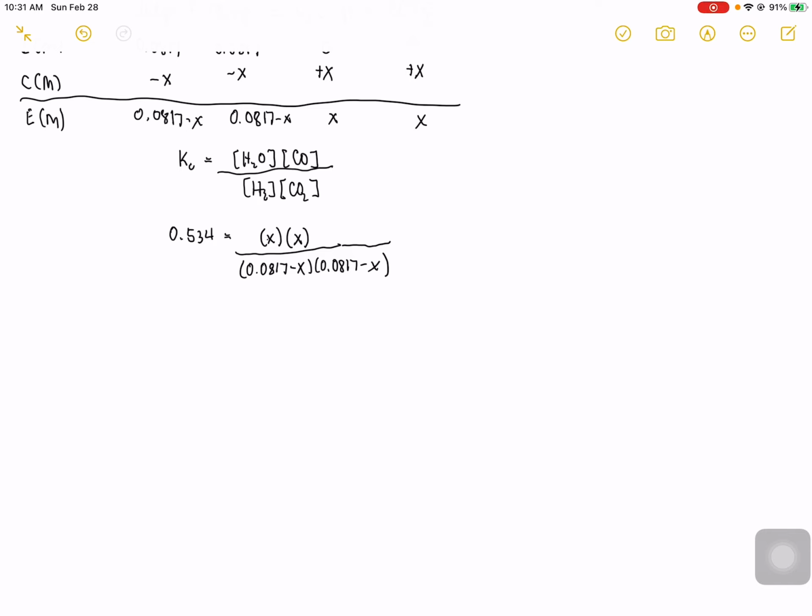Now if you notice, the right side of this equation is a perfect square. So what we can do now is we can try to get the square root of both sides in order to be able to solve for X.